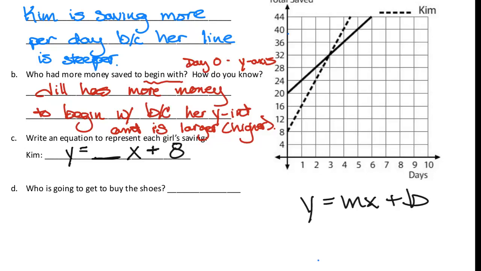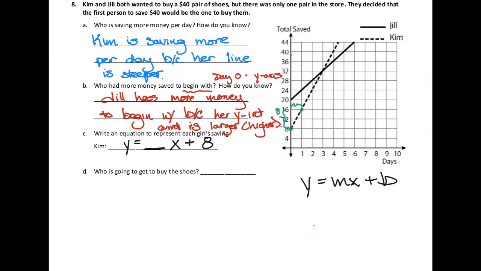So in one day, she did from this point here to this point. So that means she went from 8 to 16. That is 8 over one day. So that means she has a slope of how much? Anyone? Bueller.